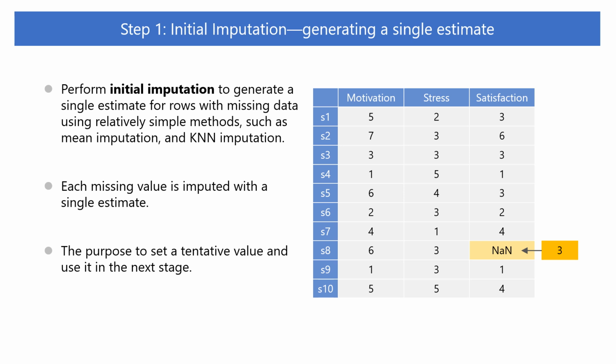At this stage, each missing value is imputed with a single estimate, and the entire dataset is converted into a single complete dataset. The purpose of initial imputation is to set a tentative value and use it in the next stage of stochastic imputation. It is important to note that these initially imputed values will not be used as the final values.